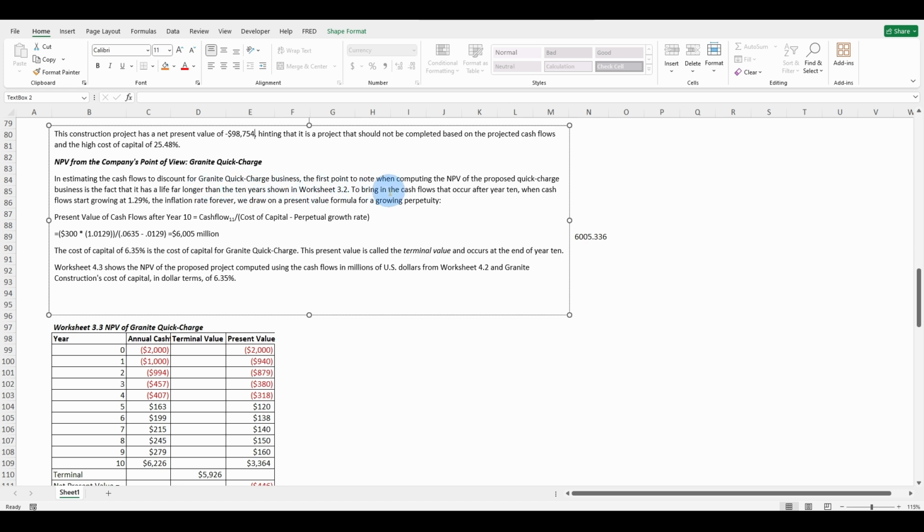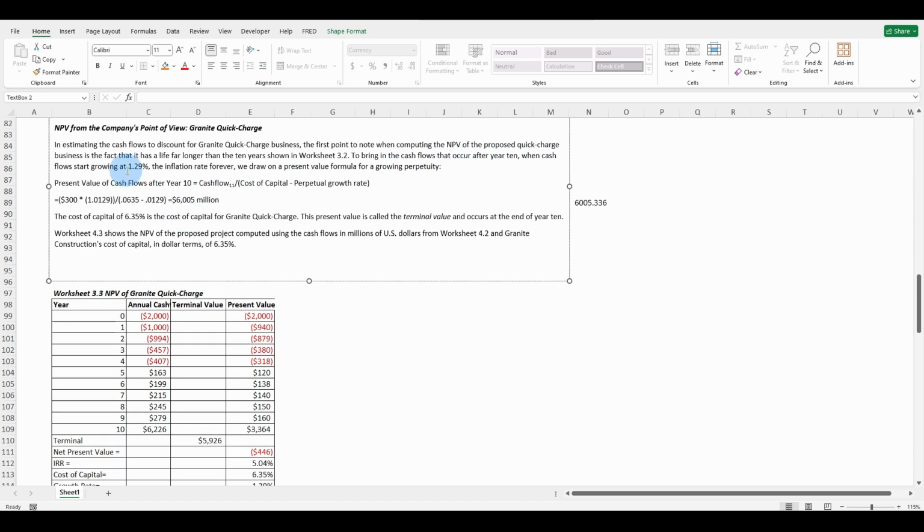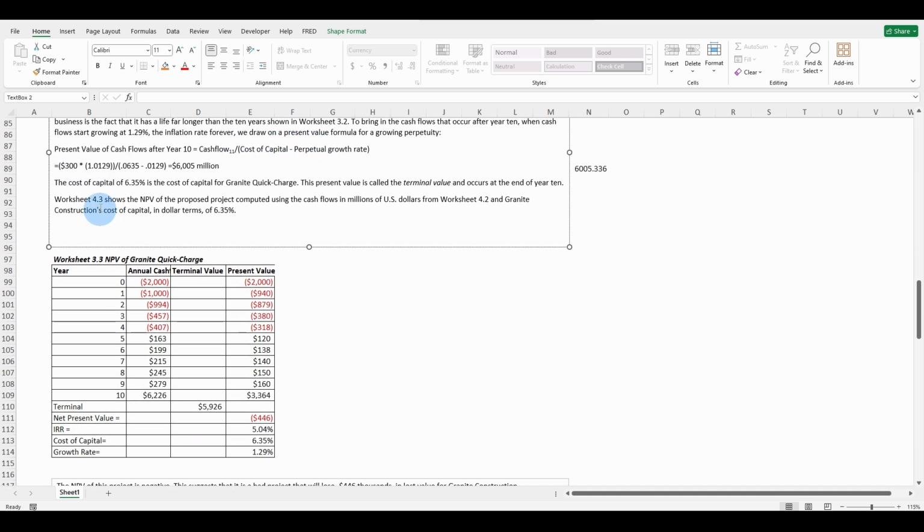To bring in the cash flows that occur after year 10, when cash flows start growing at 1.29%, the inflation rate, forever, we draw on a present value formula for a growing perpetuity. Present value of cash flow after 10 years is equal to cash flow divided by the cost of capital minus perpetual growth. That gives us 300 times this number.